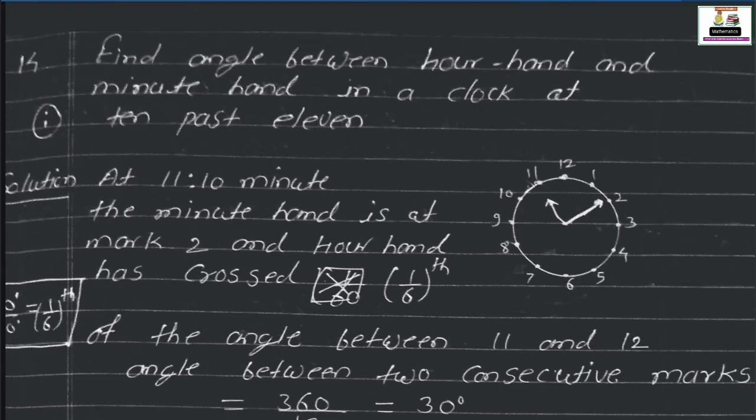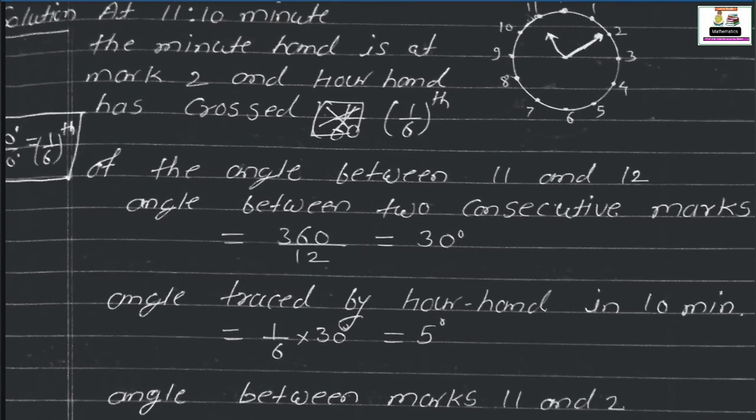Now the angle between two consecutive marks is, we know that a complete rotation is 360, and here 360 is divided into 12 parts. Then one part, meaning the angle between 11 and 12, is 360 divided by 12, equal to 30 degrees.